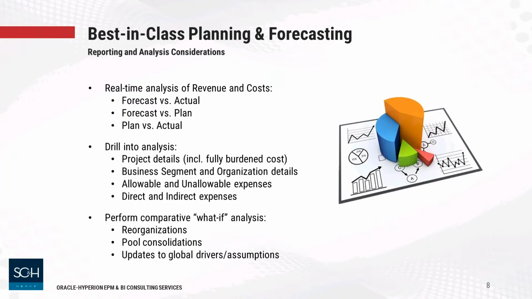You may also be embarking on restructuring around just how you build up your pools for indirect rates. Also having the ability to do what-if analysis around global drivers, such as changing merit percentages at a global scale for a selected division, or changing the timing of some of those assumptions.